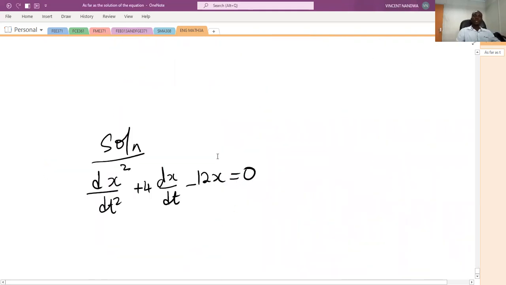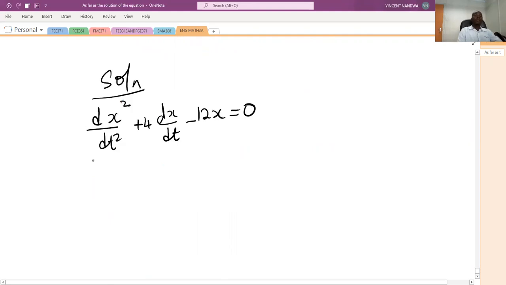So the first step, when you have such a problem, make the highest derivative the subject of the differential equation.